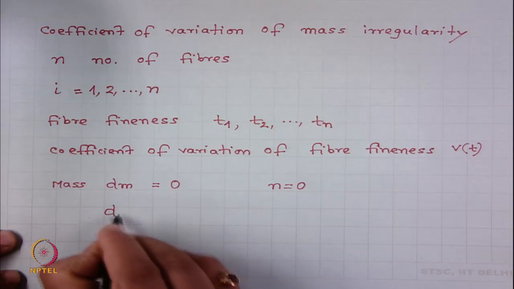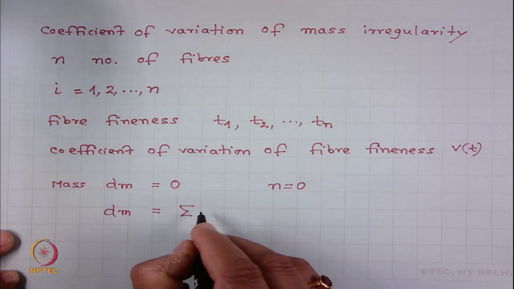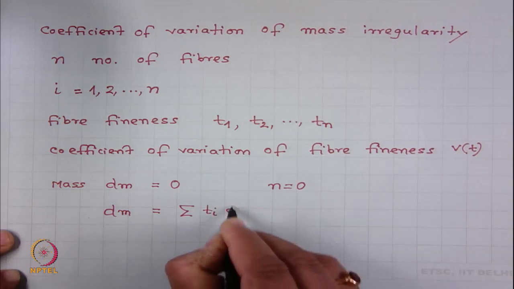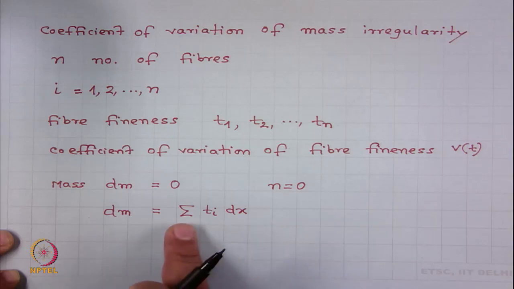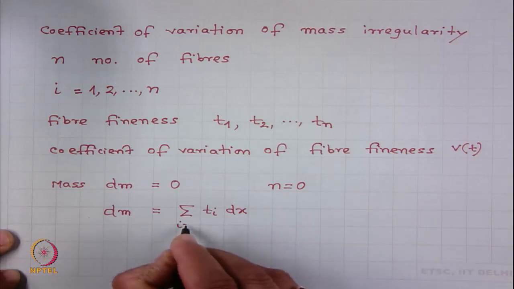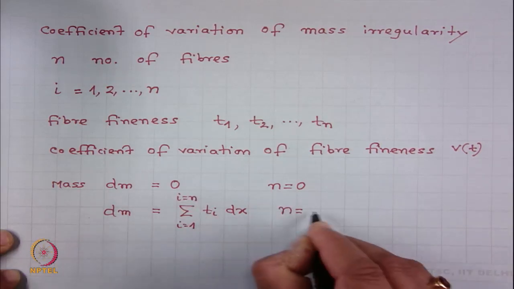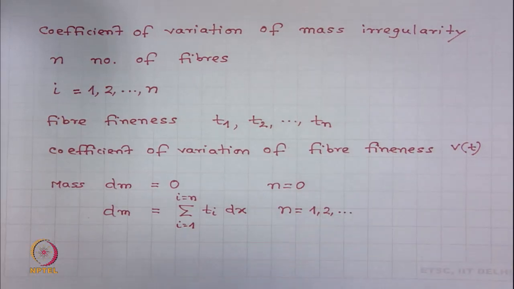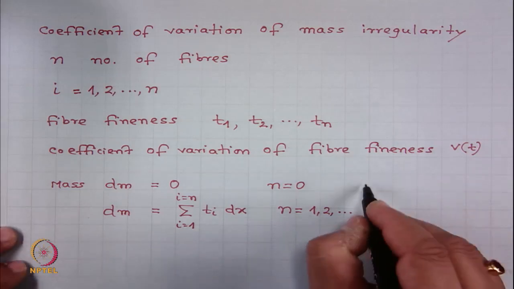Otherwise, this mass will be the summation of all fiber mass. So, what is all fiber mass? That is fiber fineness, mass per unit length, into length, and this summation goes from I is equal to 1 to I is equal to n, when n is equal to 1 and so on. So, this is the mass of the sliver element.